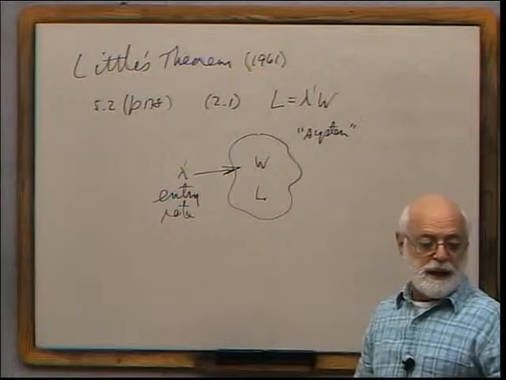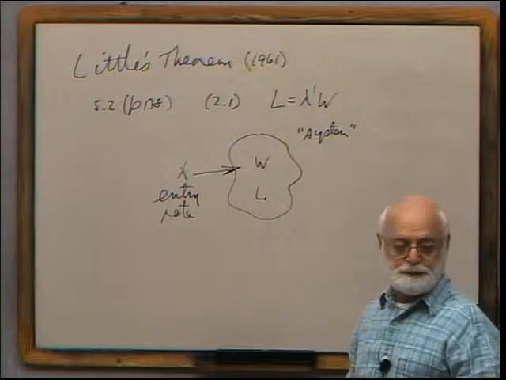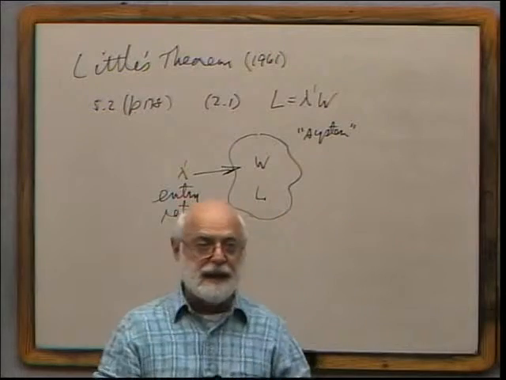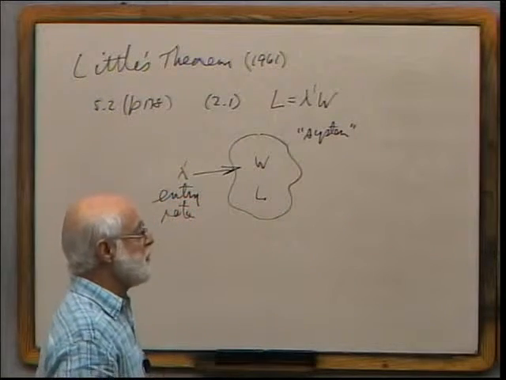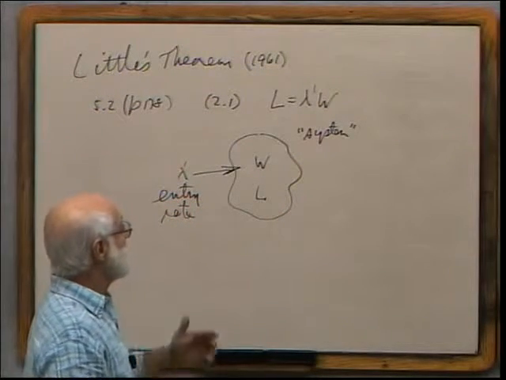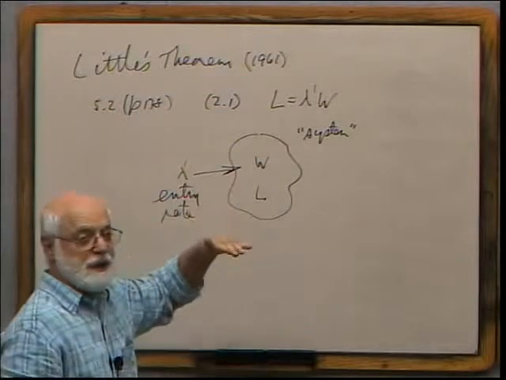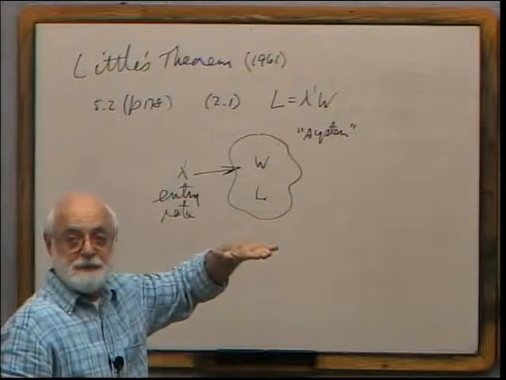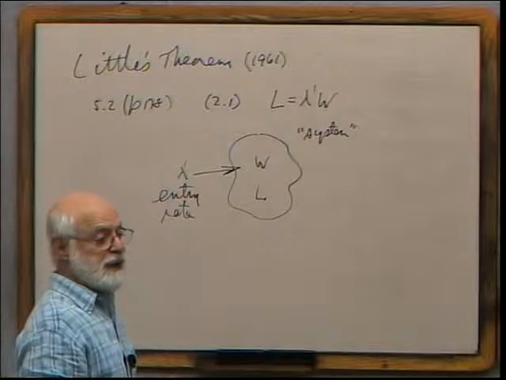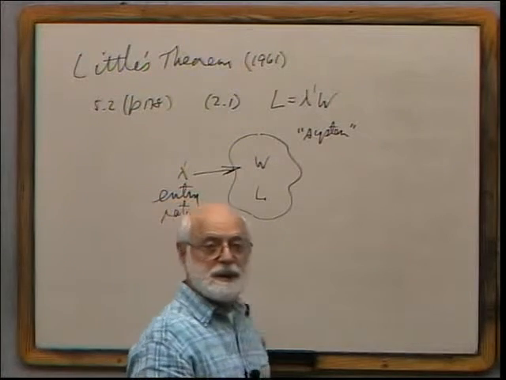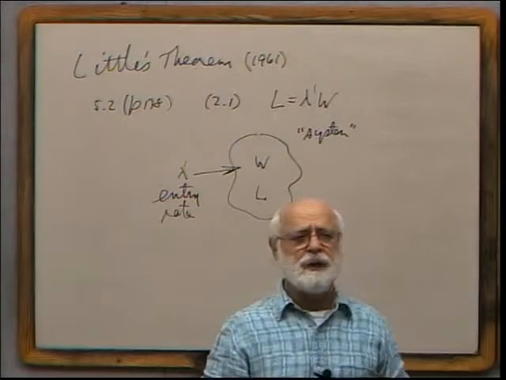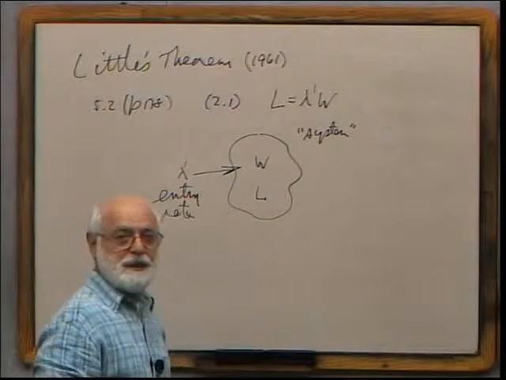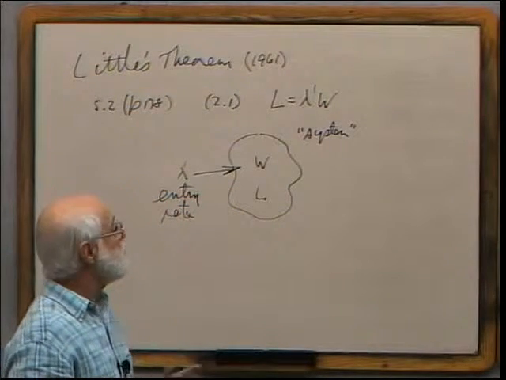Also, Bertsekas and Gallager give some references, and I give some references, although, of course, the references that anybody gives are cut off at the time at which they give them. Bertsekas and Gallager, I guess, was published in the early 90s. I think that was it. In any event, that was maybe 10 years ago, and so there's been 10 years' worth of Little's theorem going on since then.